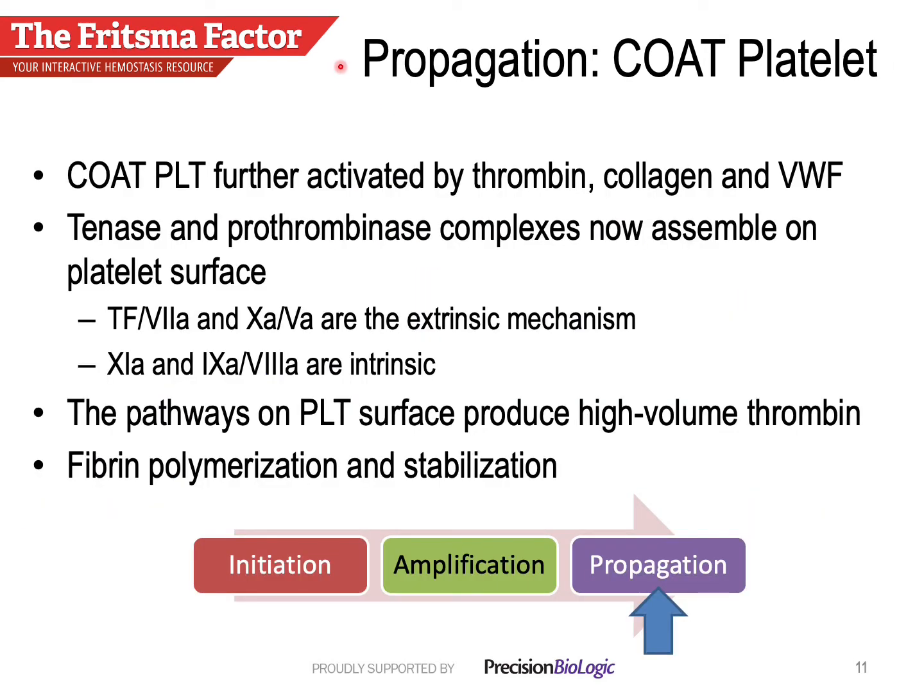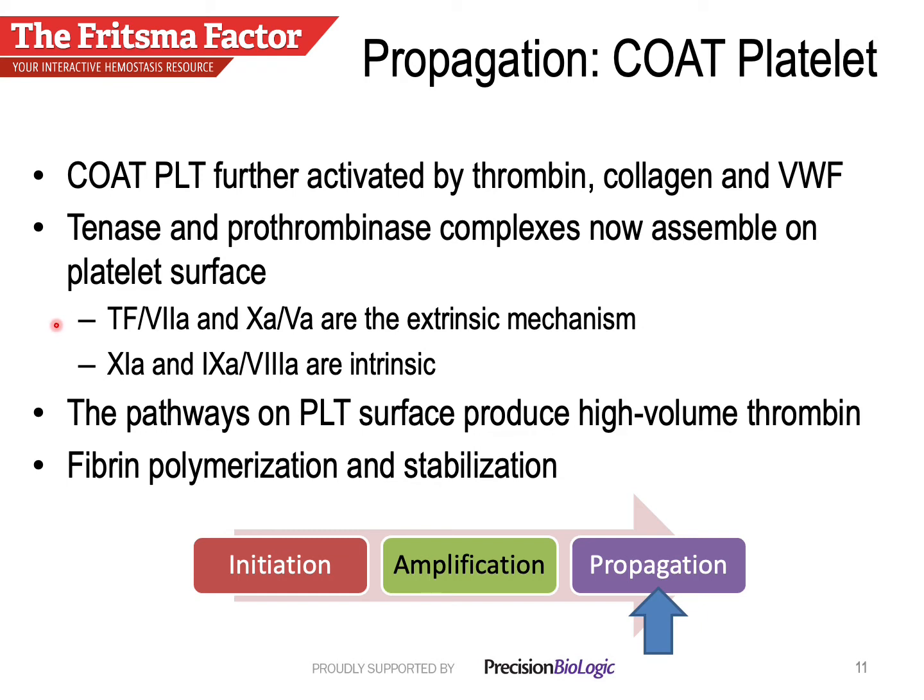The propagation phase occurs on the coat platelet, which becomes further activated by thrombin, collagen, and von Willebrand factor. The tenase and prothrombinase complexes now assemble on the fully activated platelet surface.